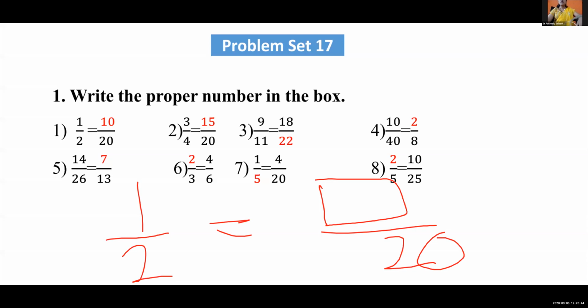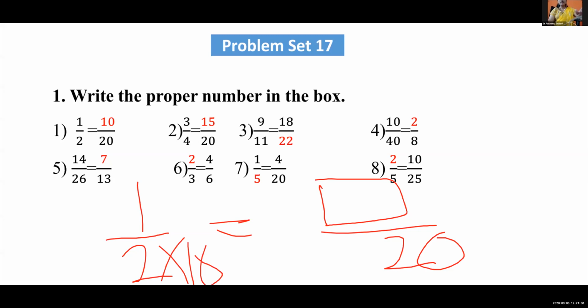So here so many students are giving the answer 10. Correct, 10. So 2 tens are 20.